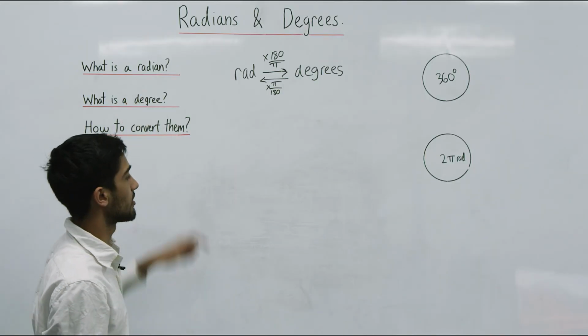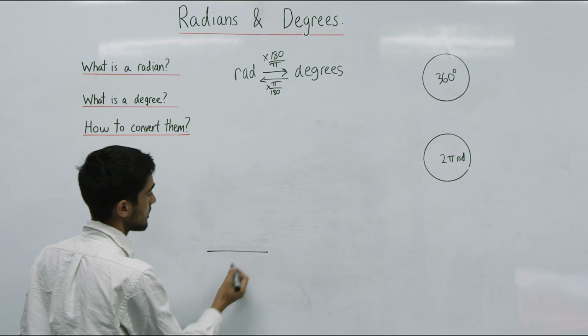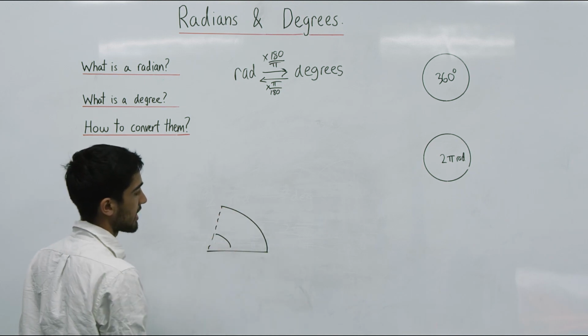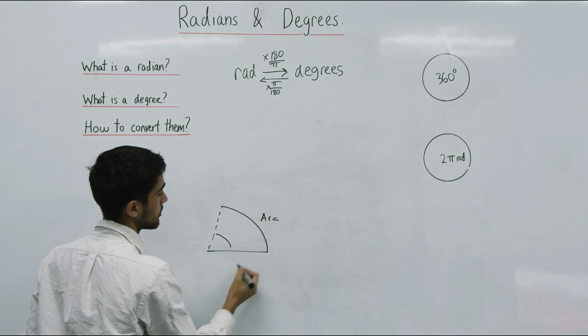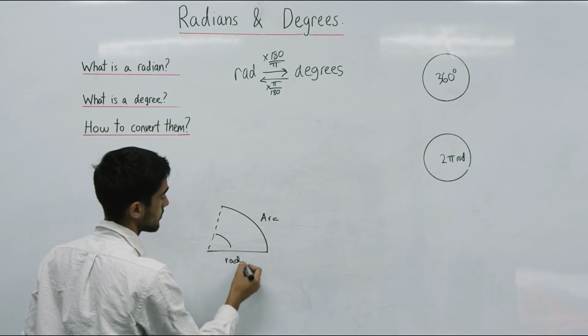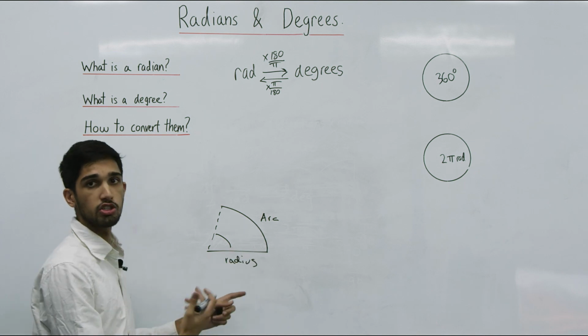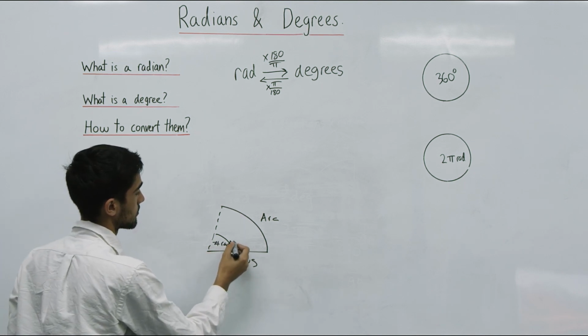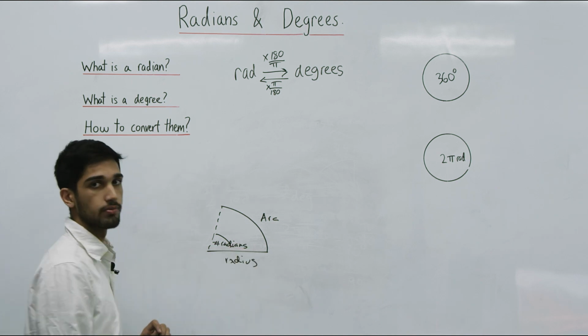What is a radian? Like I said, a radian is essentially a measurement of the ratio of the arc to the radius. If your arc is some multiple of the radius, then that is your number of radians inside the circle.